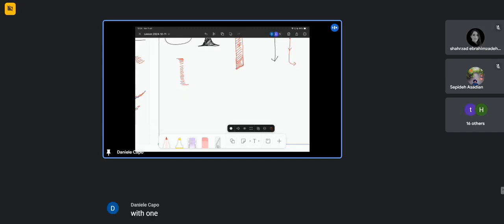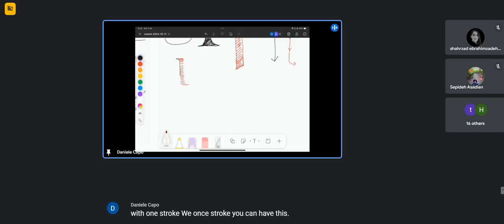With one stroke, you can have this shape.